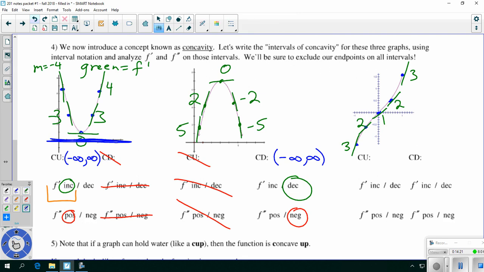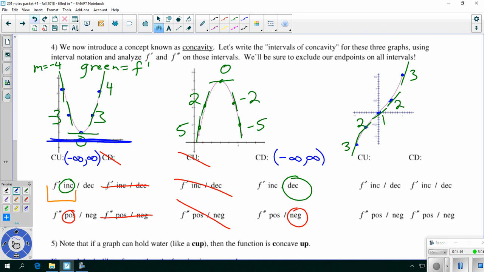In the beginning, 3, 2, 1 is decreasing, but then at the end, 1, 2, 3 is increasing. So this is one where it's partially concave up and partially concave down. As we said, if a collection of derivative numbers is decreasing, like we are here from 3 to 2 to 1, then the function is concave down.